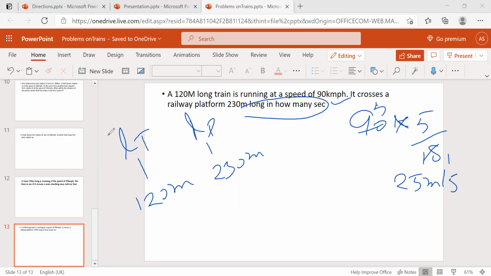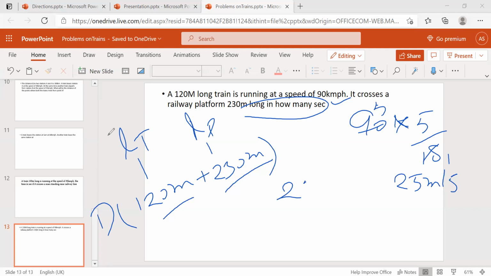Now, the length of the train is 120 meters and the length of the platform is 230 meters. Then the total length is nothing but 120 plus 230, equal to distance. Why? Whenever a train crosses a platform, the distance is nothing but the length of the train plus the length of the platform.